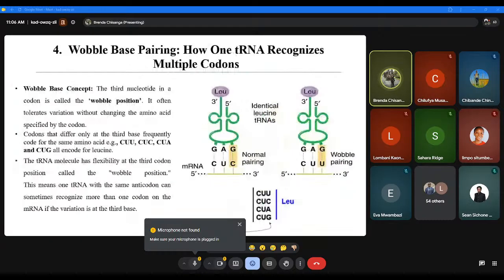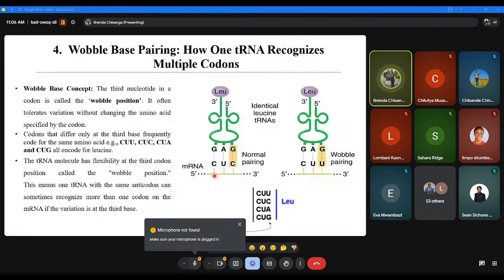This brings us to this property of wobble base pairing. Here, we want to understand how is it possible that one amino acid, like alanine, can have more than one codon specifying it. I want us to look at the codon.